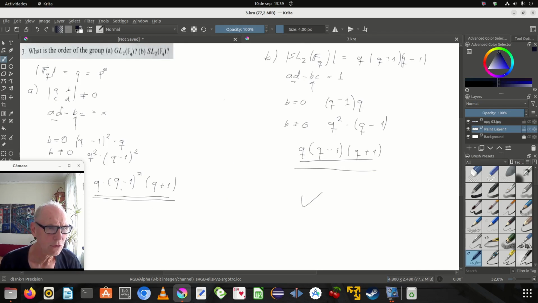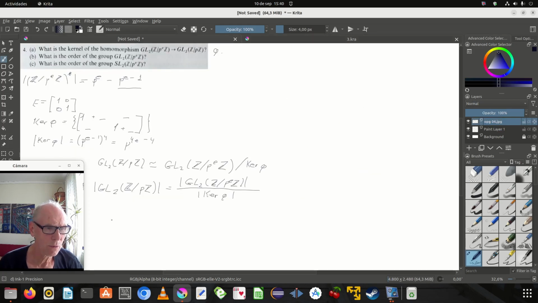This was GL2, p to minus first squared p plus 1 equals the unknown divided by the number of elements in the kernel.